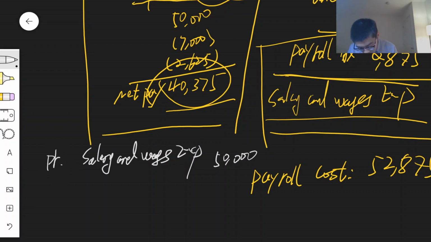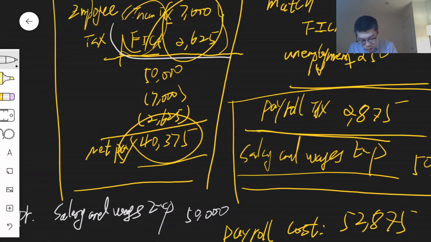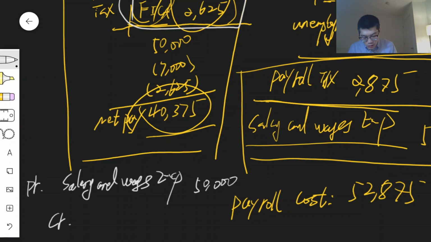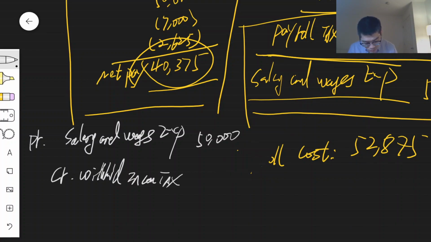On behalf of employees, we have to collect, or another way of saying this, we have to withhold all these taxes for them, and pay to federal and local governments in the future. So we have withhold income tax payable.